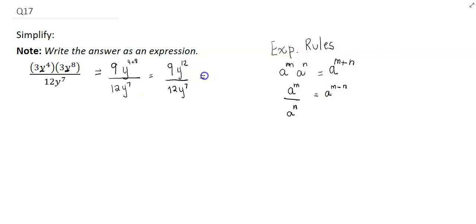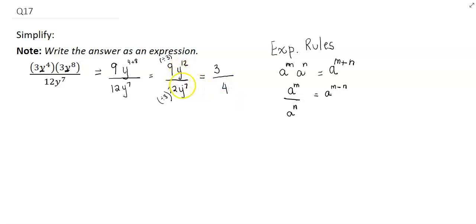So now, pay attention to the coefficient. Do they have a common factor? Yes. I can see that the common factor here is the number 3. So I'm going to divide numerator and denominator by 3. So this is 3 and this is 4.